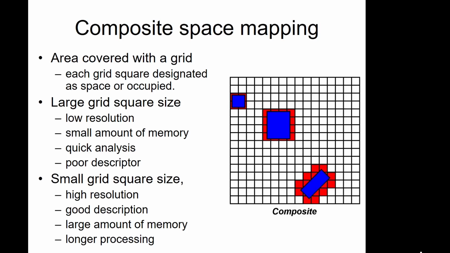The composite space map is probably the simplest way of mapping. It's conceptually the simplest. What you do is you divide your room, or your environment, into squares of a certain size. So you just break it up into squares. Typically, I'd recommend about the size of a robot.